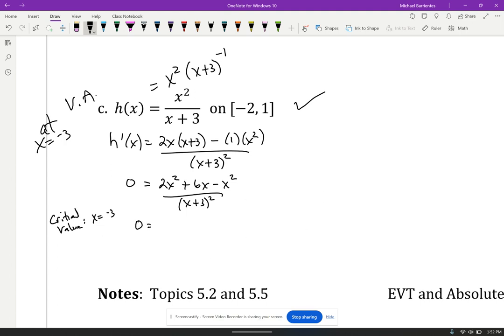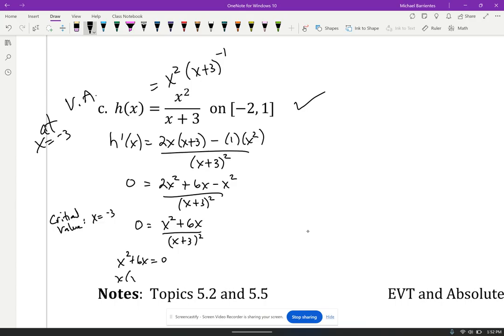But let's keep going. Let's simplify this top part. I think I get x squared plus 6x over (x plus 3) squared. Okay, so now I need to figure out what makes the top equal to 0. What makes the bottom equal to 0 is going to be the undefined. What makes the numerator equal to 0 is going to be what makes the whole fraction equal to 0. So I'm going to set the numerator equal to 0.